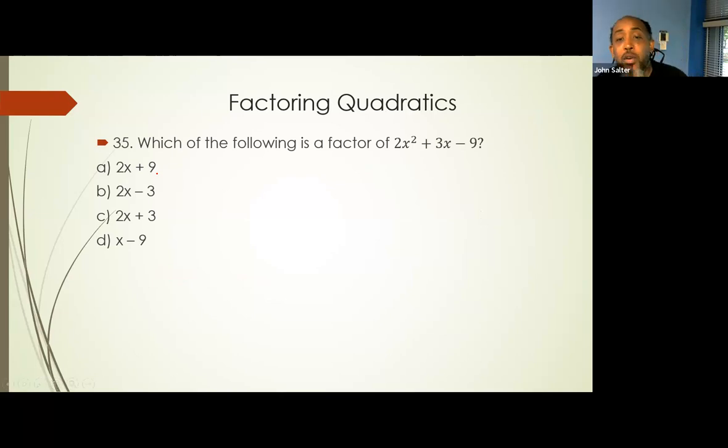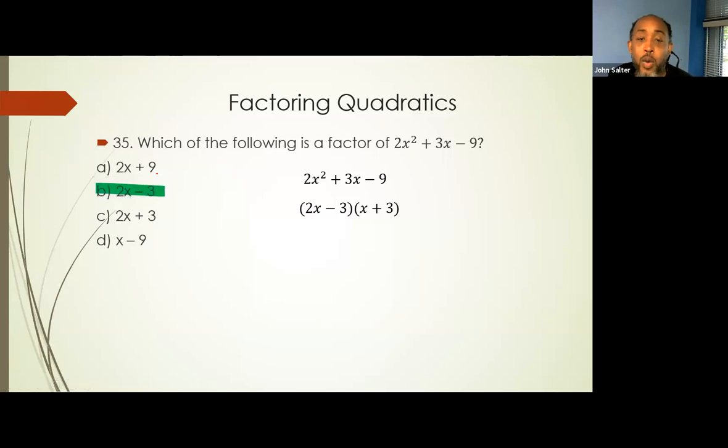Which of the following is a factor of this? So you want me to factor it up and see which one of these applies? All right, so I rewrite it. This could be factored into a binomial, 2x minus 3, x plus 3. Let me see, do we show how the factoring took place?